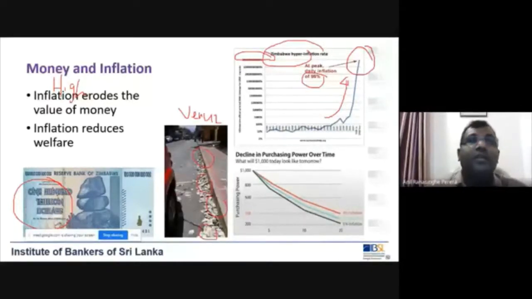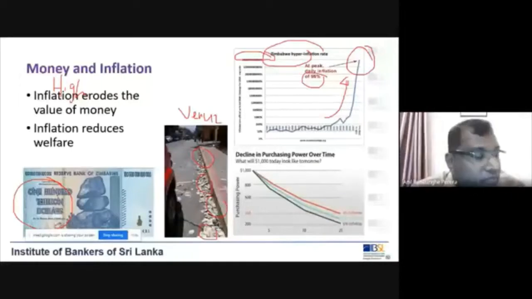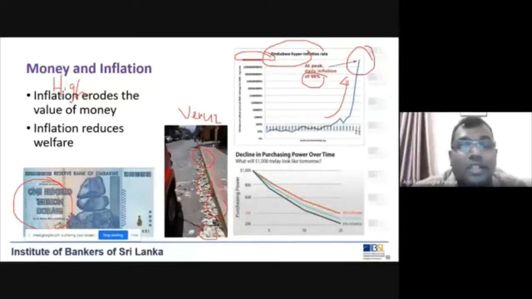And I have heard that during the World War period, prisoners or some people used currency notes just to light their cigarettes. The cigarette was much more valuable than the currency. So this is due to high inflation. So inflation has to be controlled to retain the value of money.